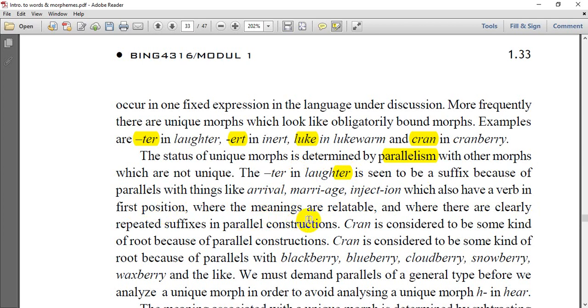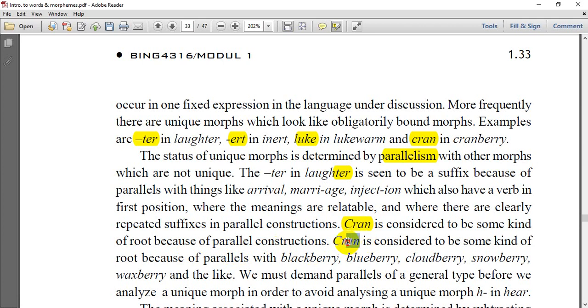where the meanings are relatable and where there are clearly repeated suffixes in parallel constructions. For example, cran is considered to be some kind of root because of parallel constructions.